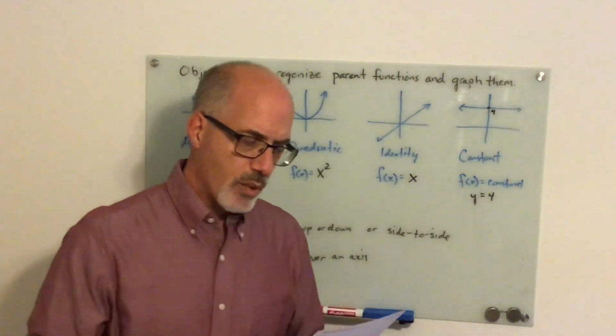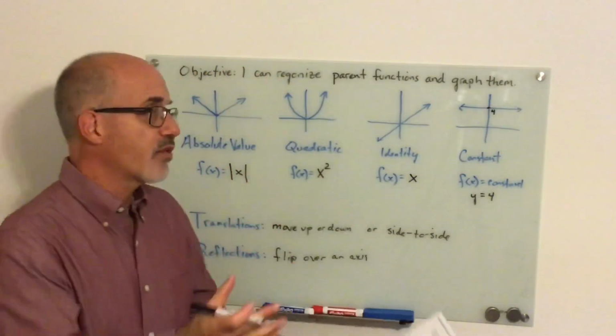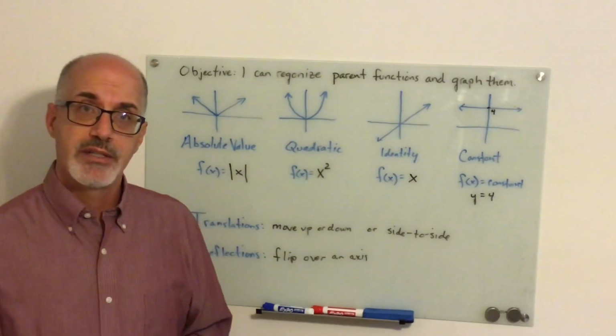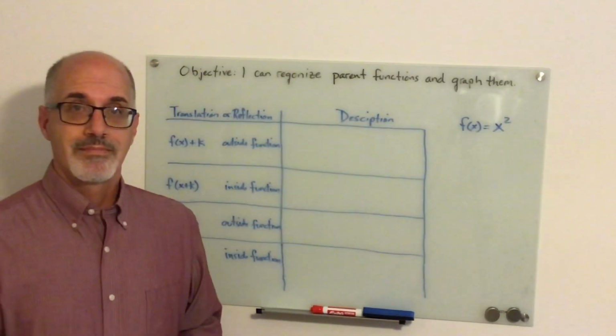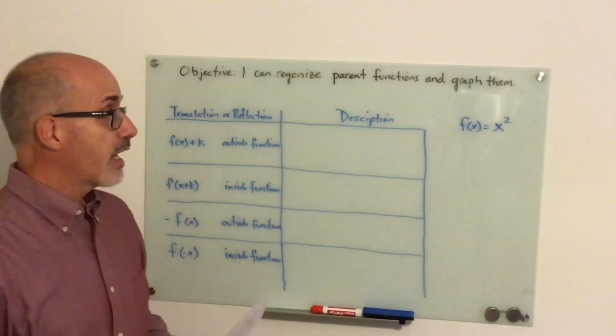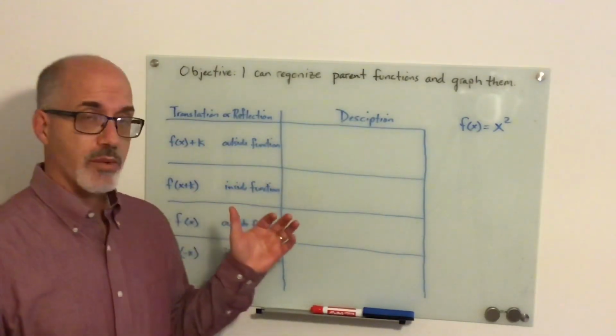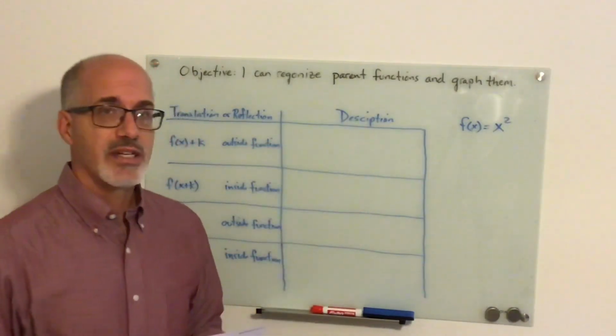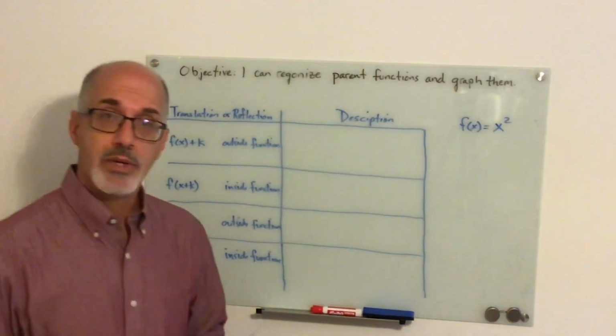Okay, so this is the general look of what the functions are. Let's talk about specifically how they move. There's a lot of detail here on how we're going to graph it, so I want to give you not only the detail and a description, but also an example so you can see what happens.